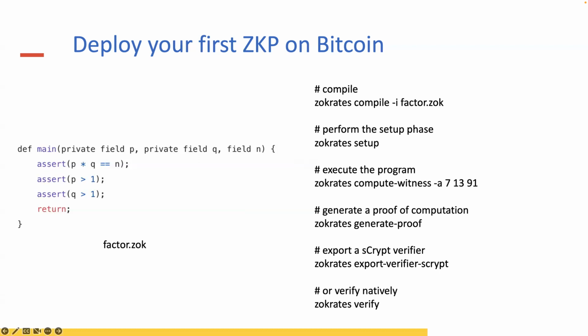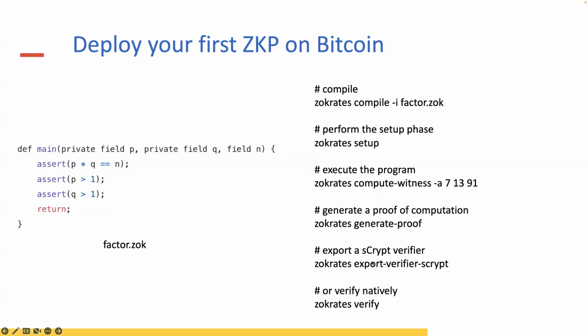Oh, because it's public, right? There's no private input here. So that's 91. It's going to be part of it because it's public. I can look at that and see 91 there. That means the verifier also knows it.